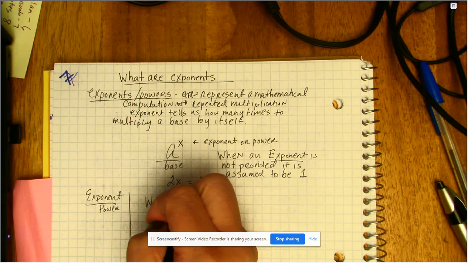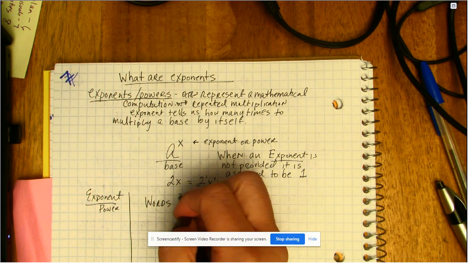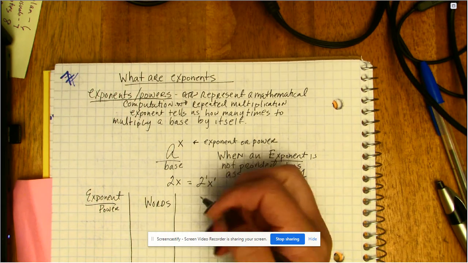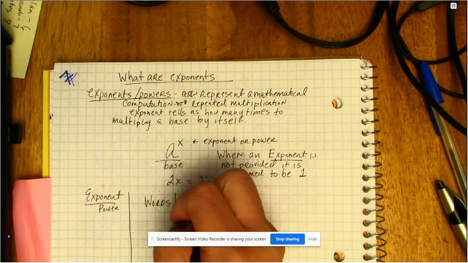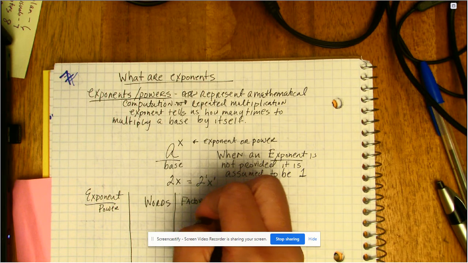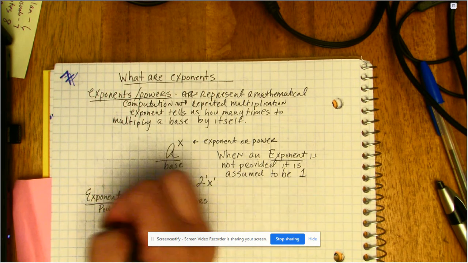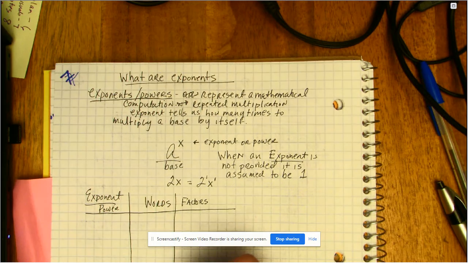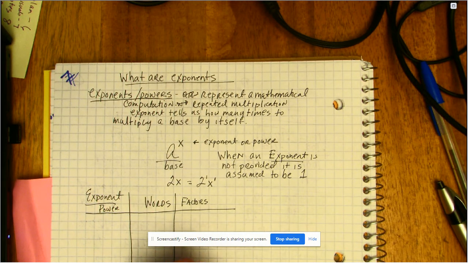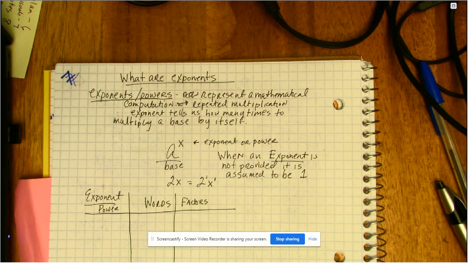The words to go along with that. And the factors.